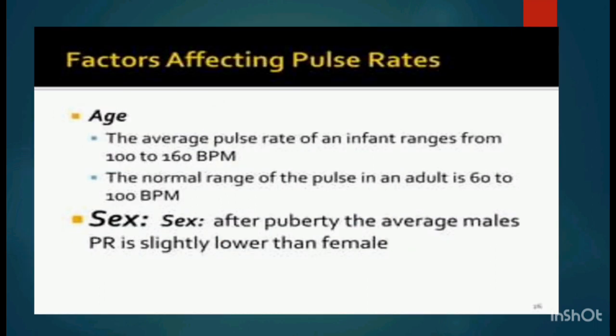So, what factors can affect pulse rate? First of all, age. The average pulse rate of an infant ranges from 100 to 160 beats per minute, and the normal range of pulse in an adult is 60 to 100 beats per minute. Sex: after puberty, the average male pulse rate is slightly lower than the female.